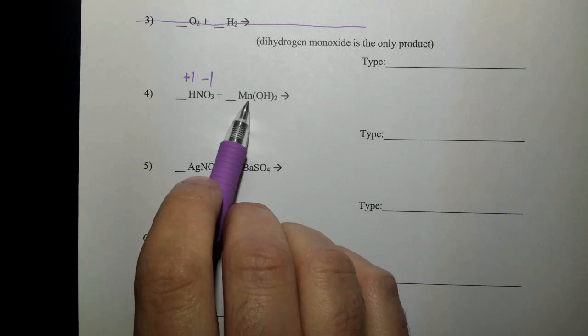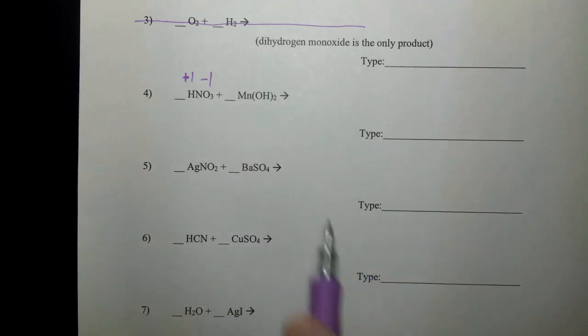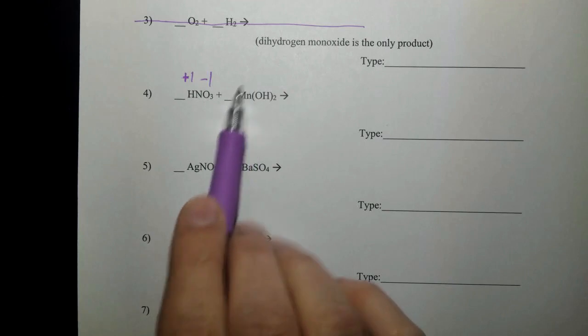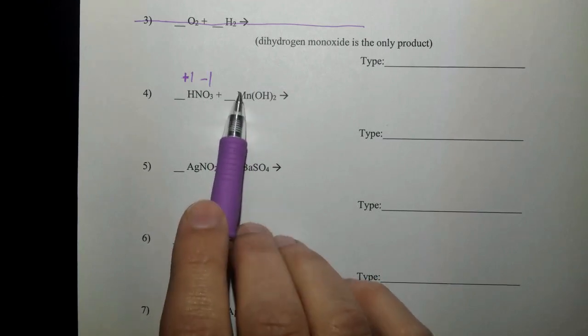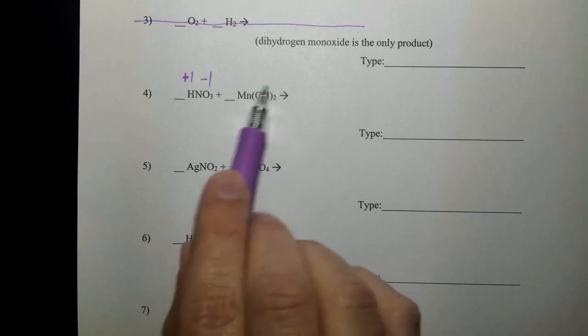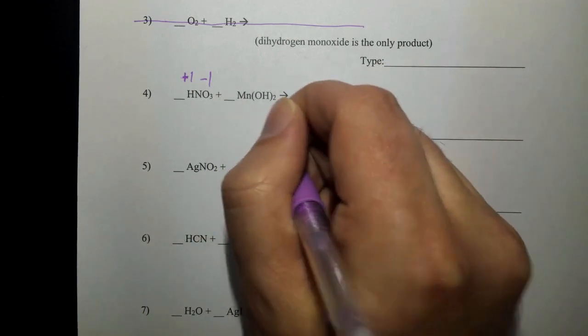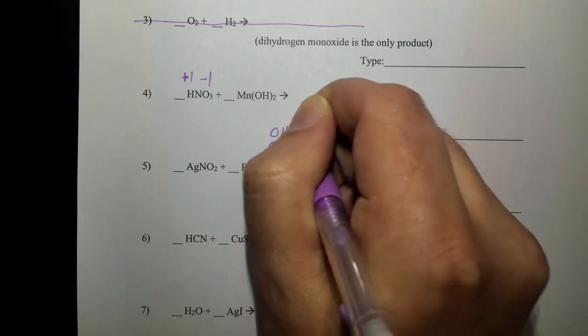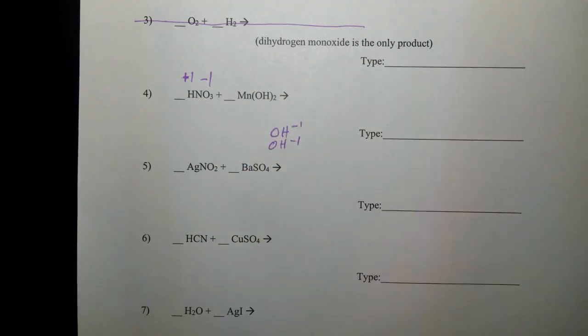What do we decide on? Plus what? 2? I agree with the +2 because when I take a look at this one, we can't look at manganese and know what it is immediately. We have to look at the anion, or this polyatomic ion here first. It says that there are 2 OHs, and they have -1 charges.